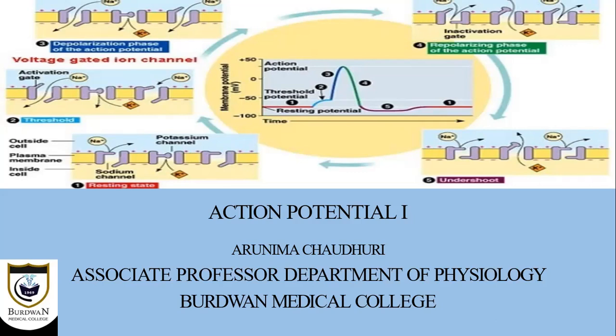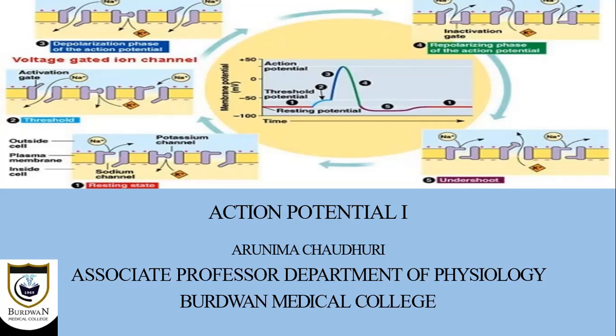A time will come when these forces will equalize one another and there will be no net diffusion of ions. This is called the Nernst potential or the equilibrium potential for that ion. But in this instance, we only consider that the membrane is permeable to only one ion.